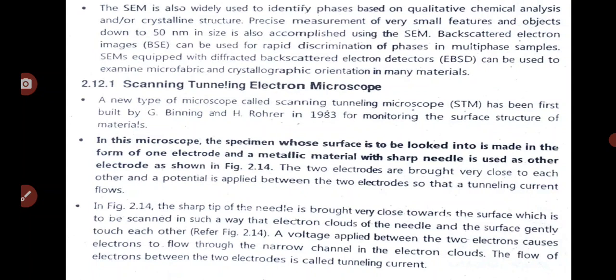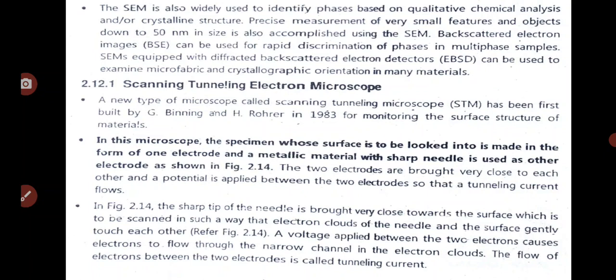Backscattered electron images, that is BSE, can be used for rapid discrimination of the phases of a multiphase sample. Equipped with electron backscattered diffraction detectors, that is EBSD, it can be used to examine the microfabric and crystallographic orientation of many materials.